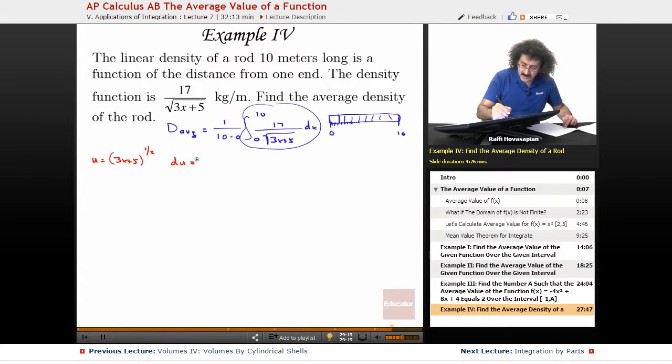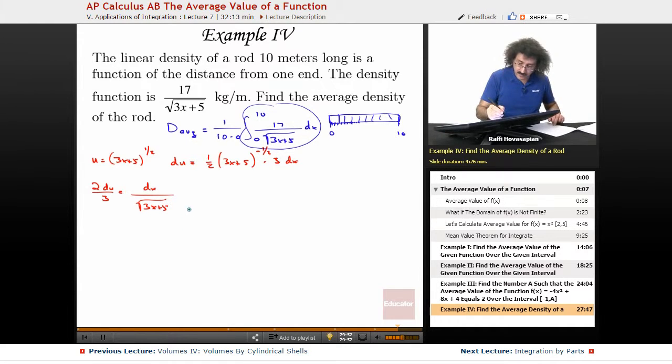That's going to make du equal to 1/2 times 3x plus 5 to the negative 1/2 times 3 dx, which gives me 2 du divided by 3 is equal to dx over radical 3x plus 5. Perfect.